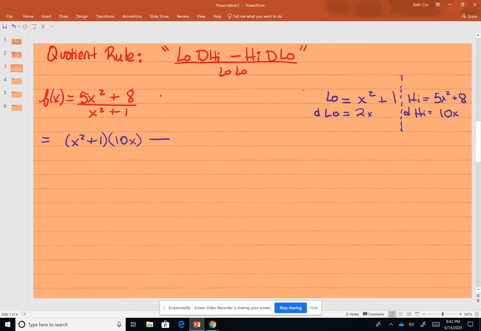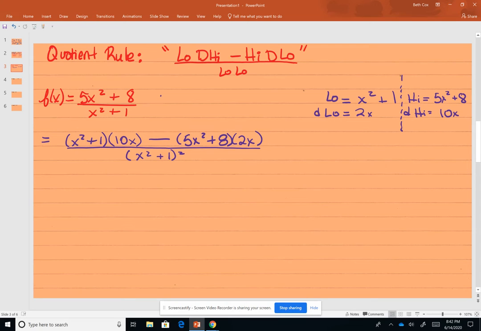Keep your eye on that minus sign. So low-de high minus high-de low. The derivative of the low is 2x, over low squared. A lot of people say low-low, but it's low squared.